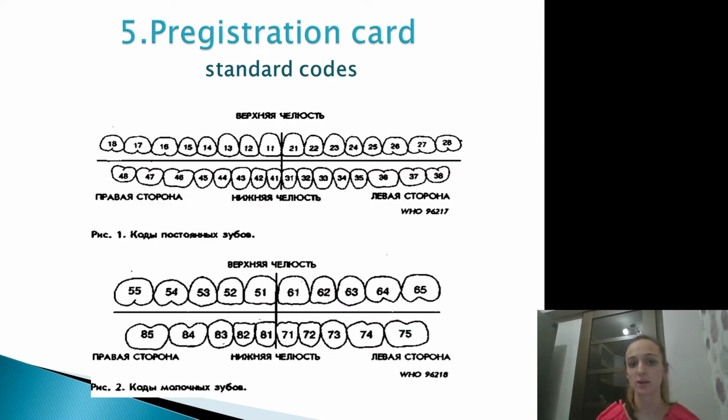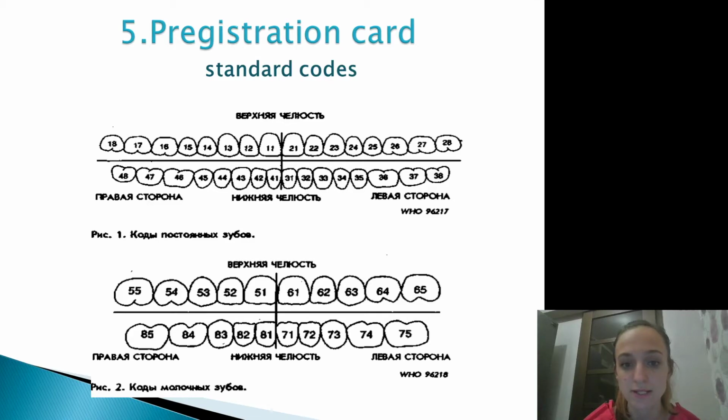So, the registration card. You can see examples from the card that we used in our practice in Ukraine. Here you can see first the formula for permanent teeth, and second for temporary teeth.